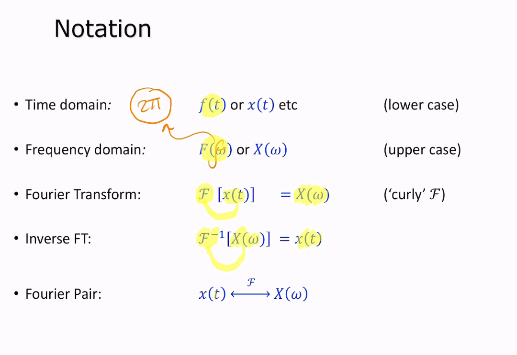Another way of writing that is x of t and X of omega form a Fourier pair. Sometimes there's an F, sometimes there isn't. But it's understood that if there's this double-sided arrow between the lowercase and the uppercase, that indicates that these two are a Fourier pair. That means the Fourier transform of one is the other, and the inverse Fourier transform of the other is the former. Okay, so that's just a little bit about notation, the notation that we will use in this module.